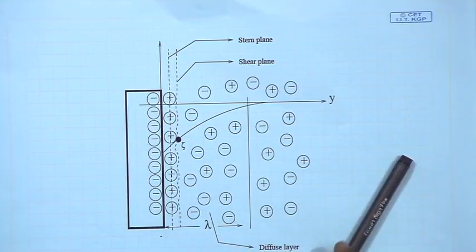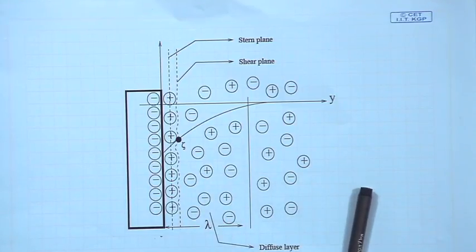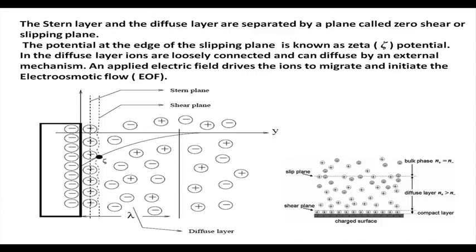Now, since the ions are mobile over here, if some external mechanism is applied, then what will happen?